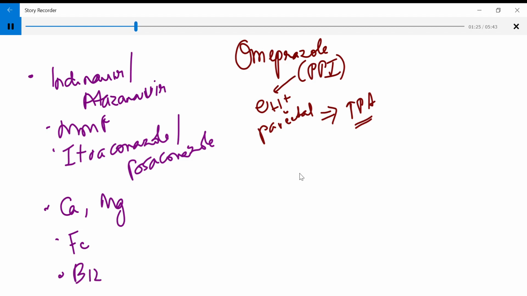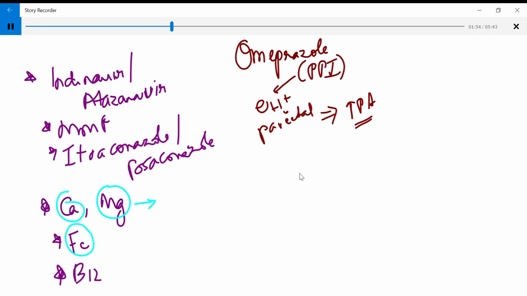To remember this for calcium, magnesium, iron, and B12, you just have to remember that we need a low pH to release ions like calcium and magnesium from the food that we eat. From calcium and magnesium rich food, you need the acidity to release the ions from the food.